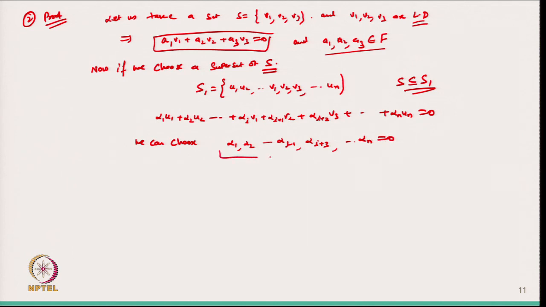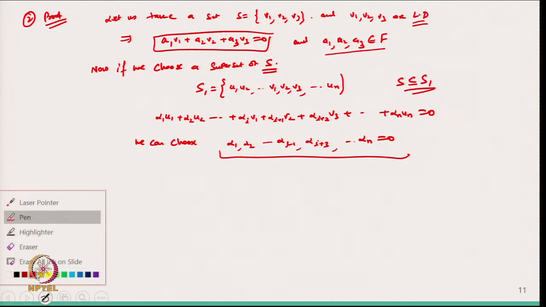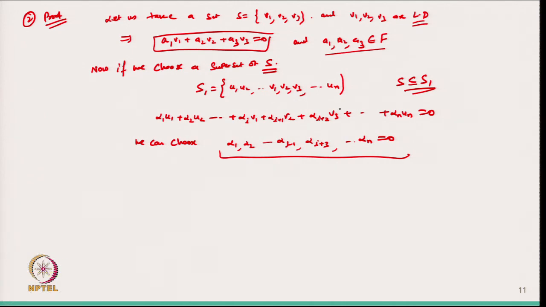We can choose, no problem, because in a linear combination I can choose any alphas. So, suppose I choose this one, then I am only left with these 3 terms.